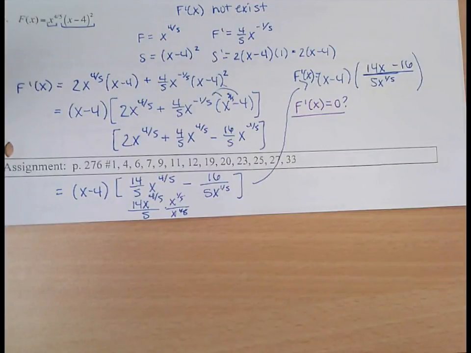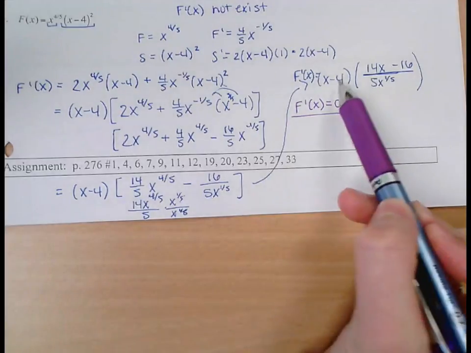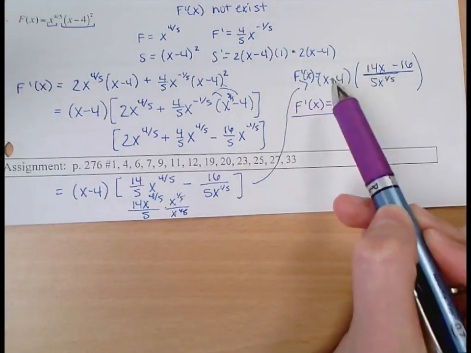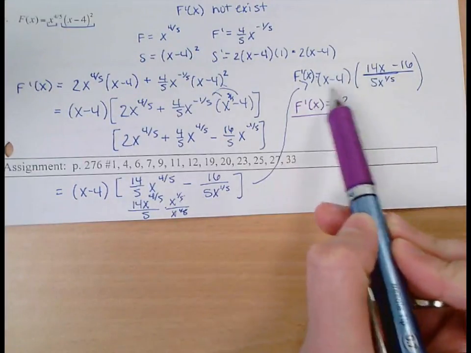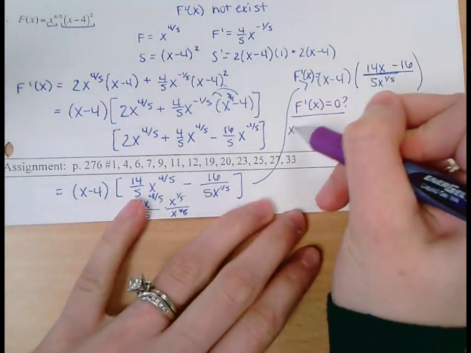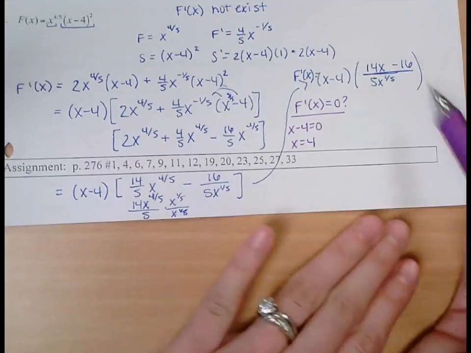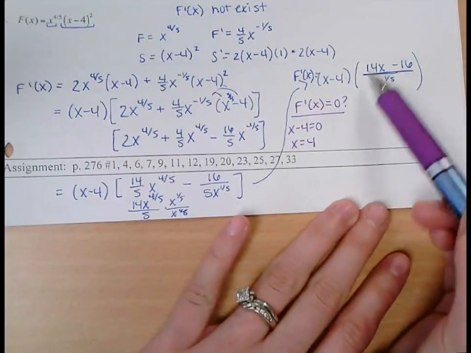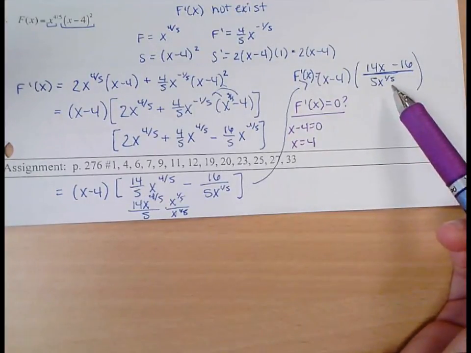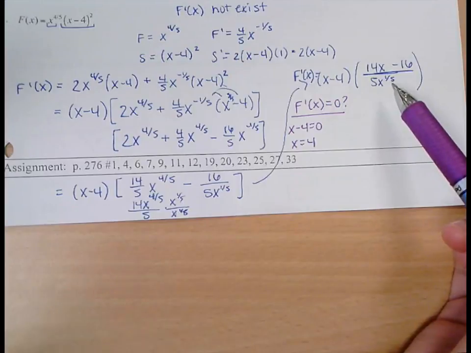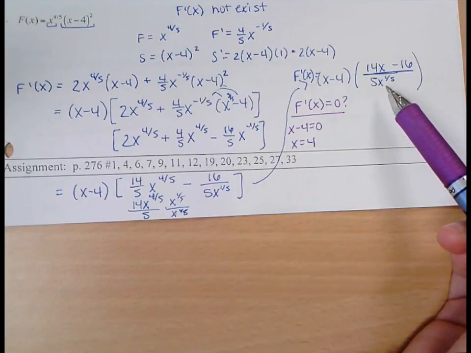So where it's equal to 0, in this case, since we have two factors, it would happen when x minus 4 equals 0, like we talked about, so when x is equal to 4, or when this fraction is equal to 0. What makes a fraction equal to 0? I should say, the top.